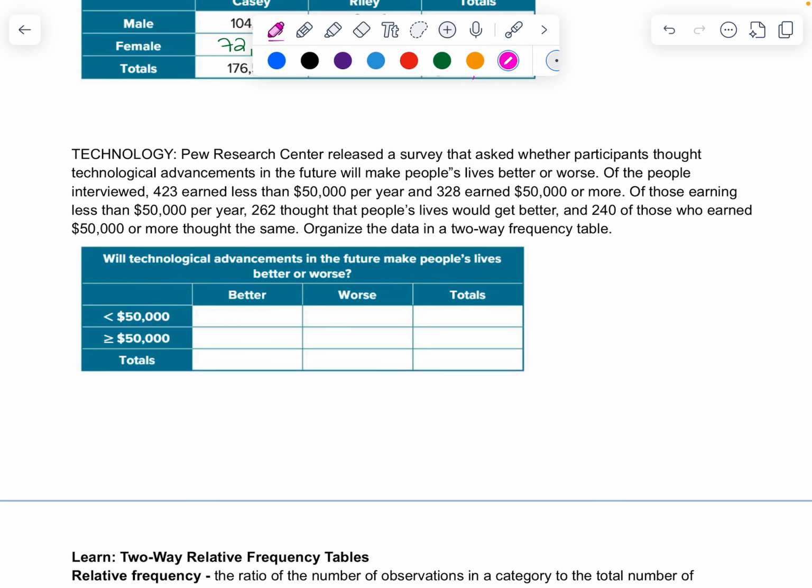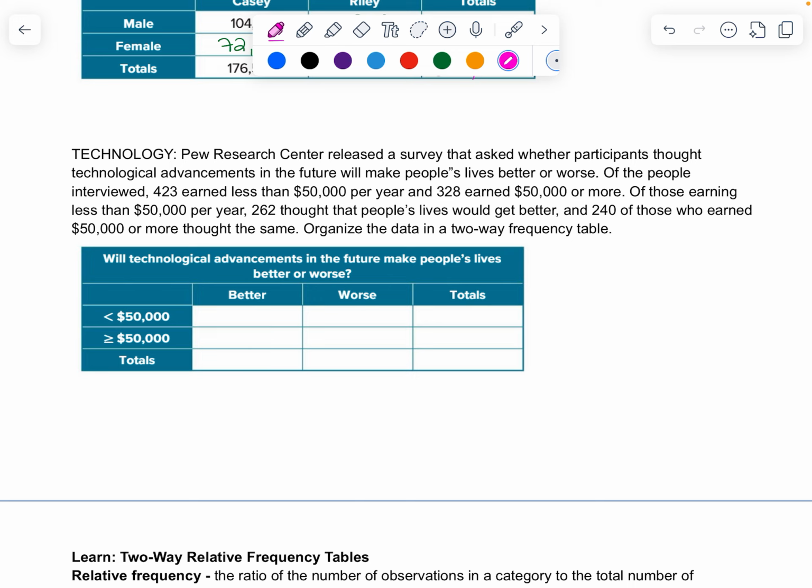Technology. Pew Research Center released a survey that asked whether participants thought technology advancements in the future will make people's lives better or worse. Of the people interviewed, 423 earned less than $50,000 per year. 328 earned $50,000 or more.